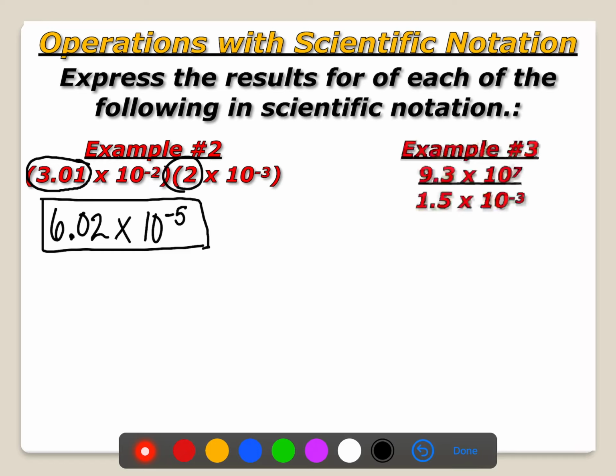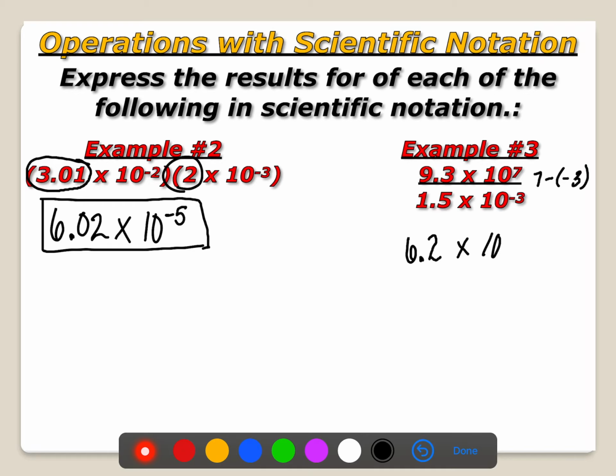Okay, and our last example is another division. So divide your coefficients. And remember, we're subtracting top minus bottom. So 7 minus -3.